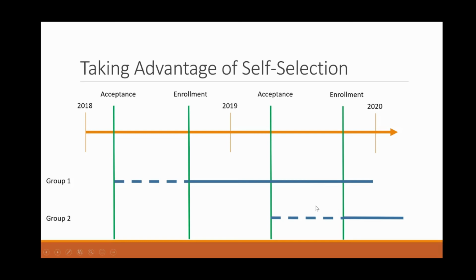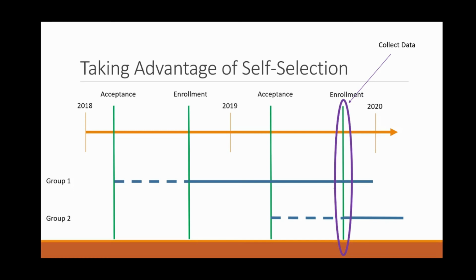So let's say that we collect data, we do a survey at this moment in time, right around enrollment of 2019. At this moment, Group 1 has received training for a year, and Group 2 has not received the training.